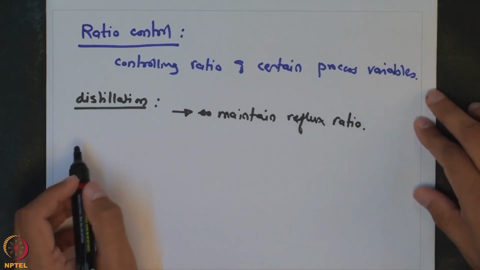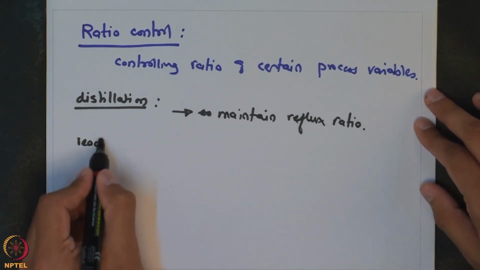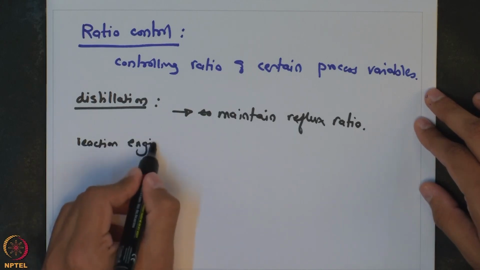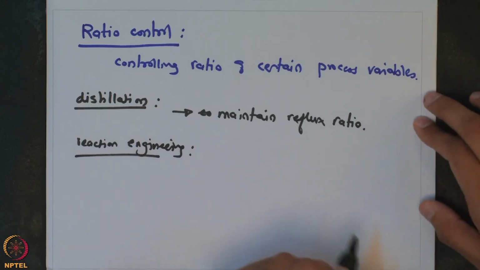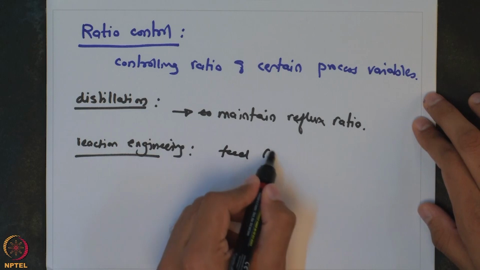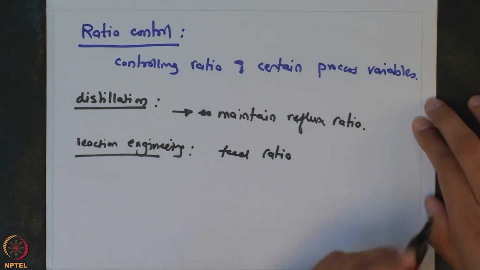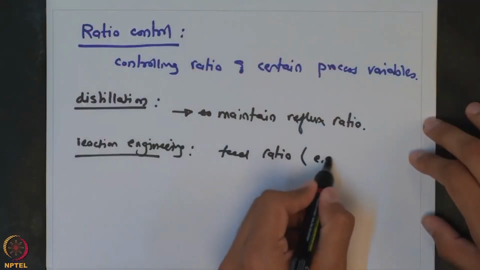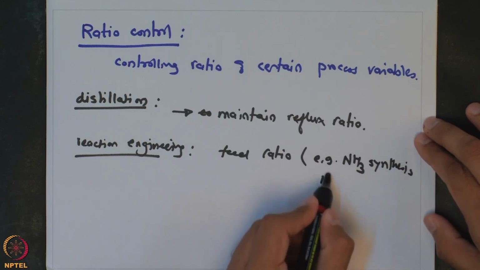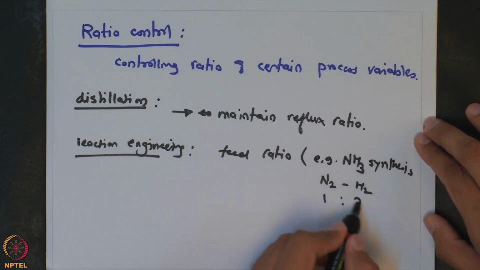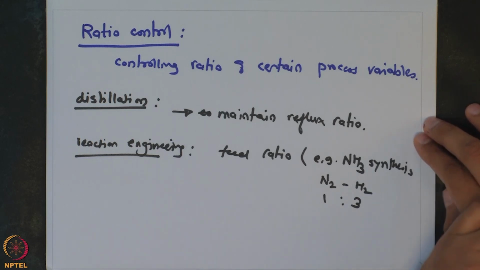If you take an example from reaction engineering, you might be interested in maintaining a feed ratio, that at certain times you want the feeds going into your system to be at a particular ratio. For example, in ammonia synthesis, you would want the N2 to H2 ratio to be 1:3, so that you get the desired maximum productivity out of that reactor.